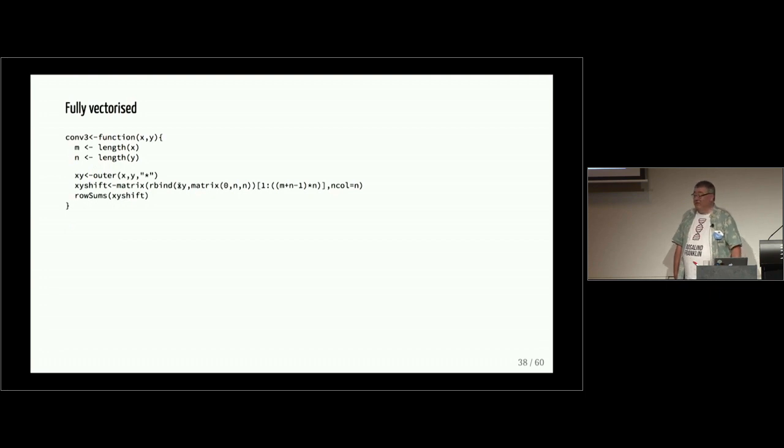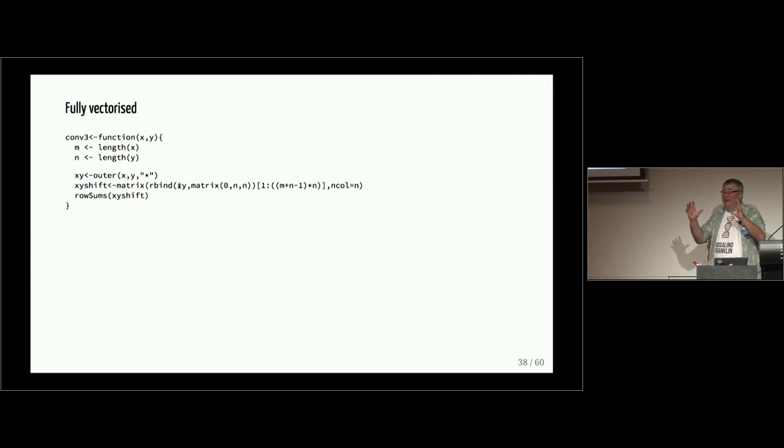You can also fully vectorize it, which is you do a sort of complicated trick that involves creating a matrix. The only way to understand this is to actually write it out with numbers. But it lets you get a fully vectorized operation, convolution.